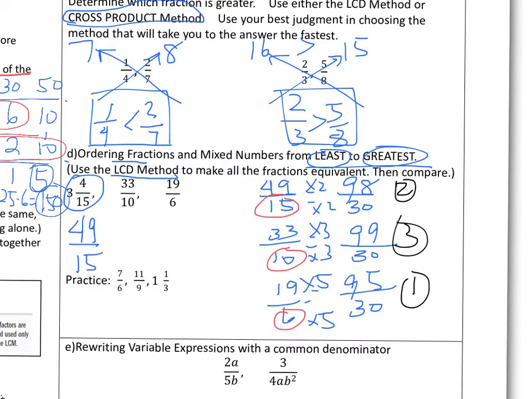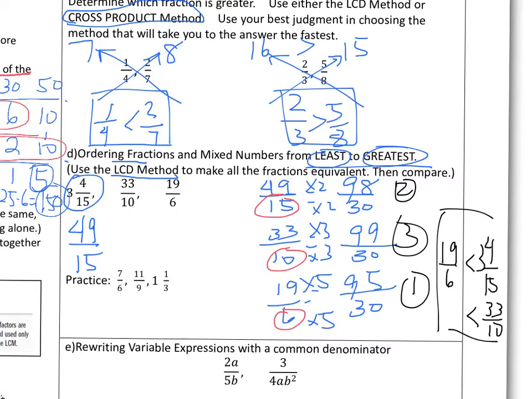And your book will like you to write your answers like this. 19 over 6, and then 34 over 15, and we have the last one, which is 33 over 10. Okay, and this is your answer.